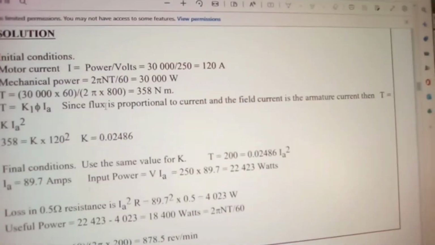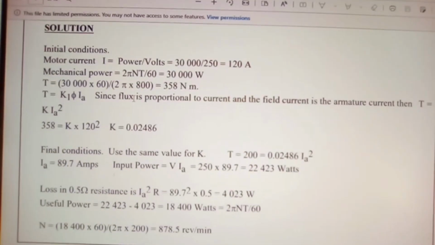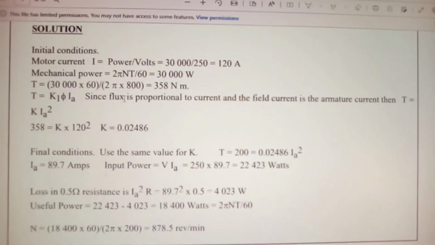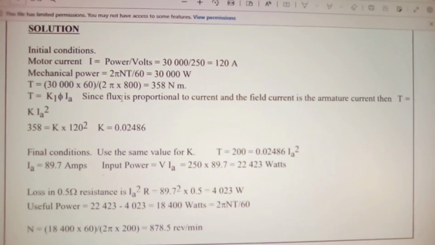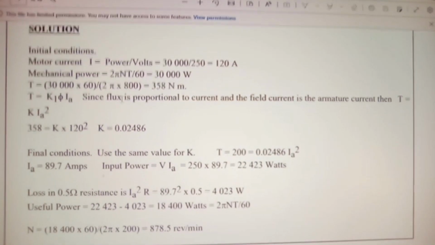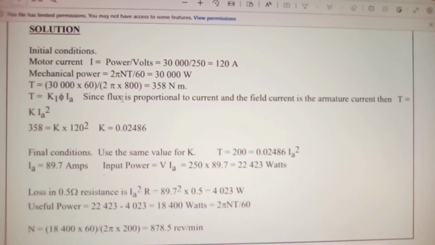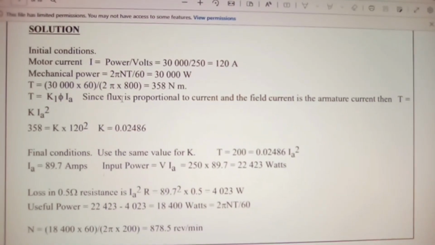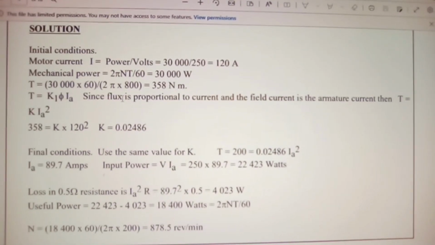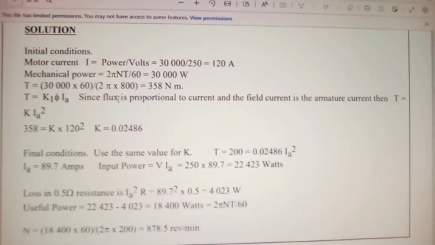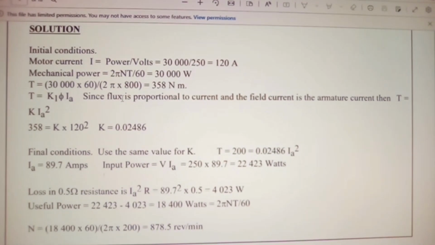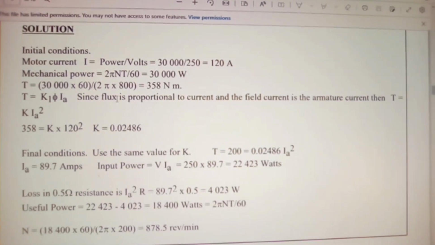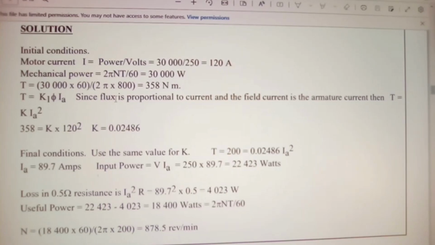I'm just going to go straight into it because you should know how to get to this already yourselves. So transposing will give me K equals 358 times 120 squared, which equals times 120.